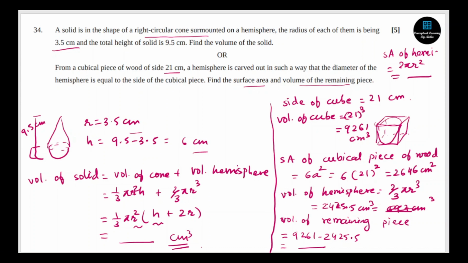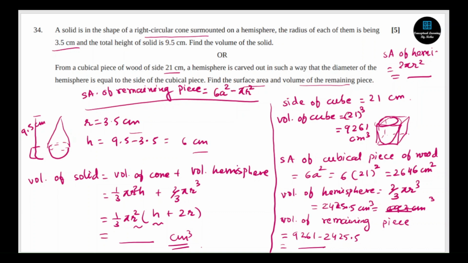Find this, okay. Then the remaining piece surface area is what? You have to take the total surface area of the cubical piece, then subtract the top circle pi r square, and then add this. So let me just write it here. Surface area of remaining piece equals 6a square minus pi r square.